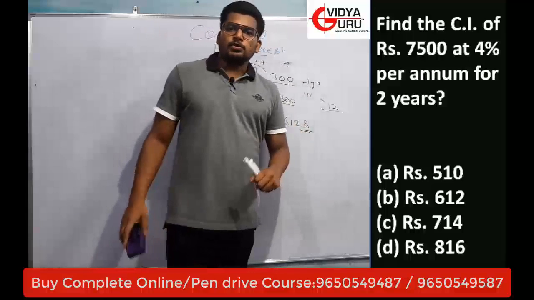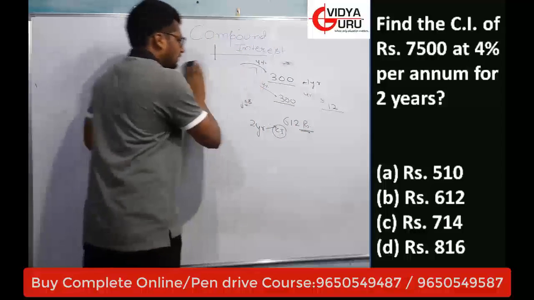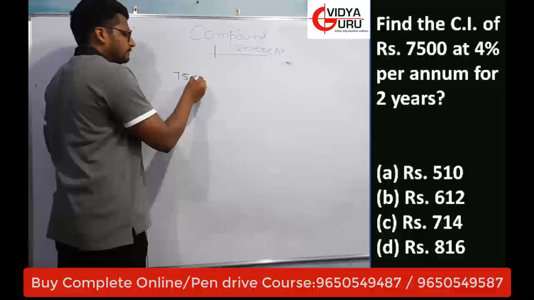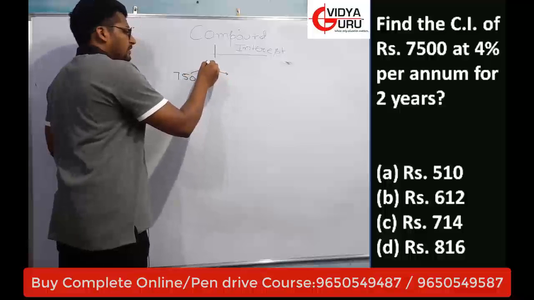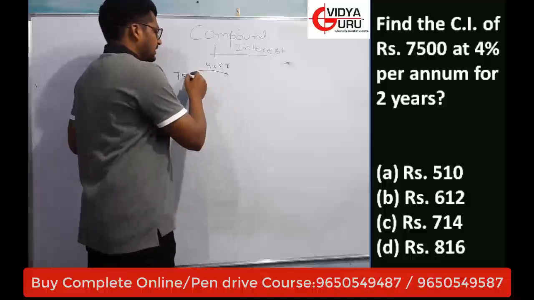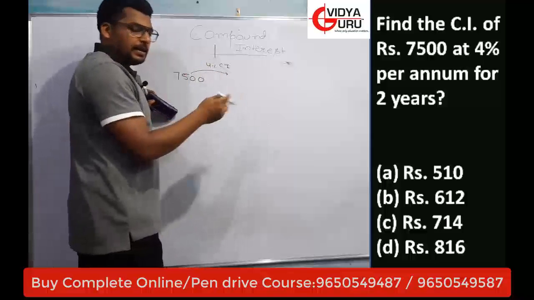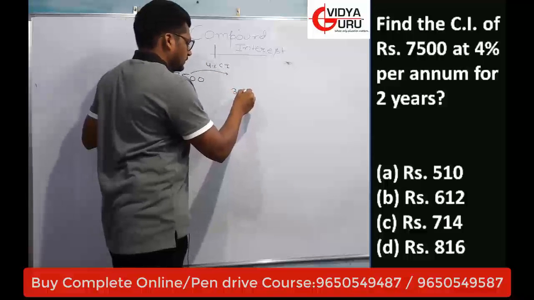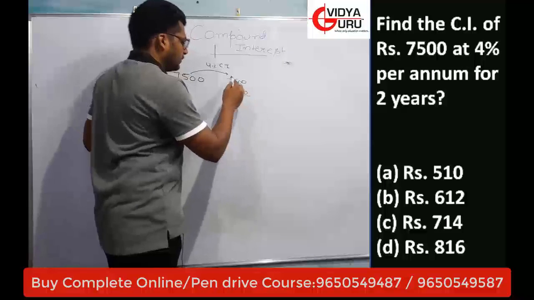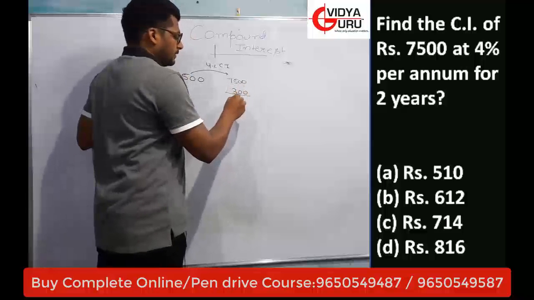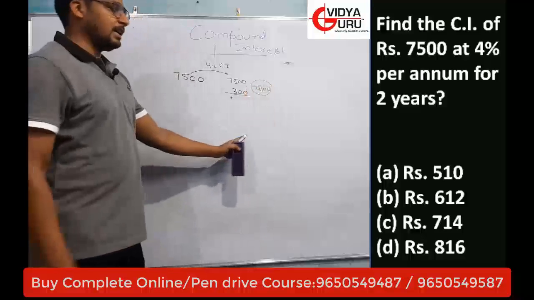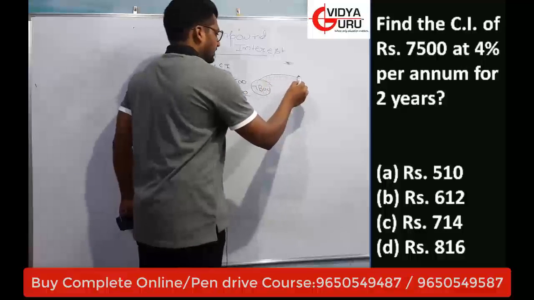There is one more approach to find the compound interest. Principal is given as 7500. For the first year, interest will be 4%, which is 75 times 4, that is 300. So here the amount will become 7500 plus 300, 7800. Now, for the next year, I will get interest on this amount.